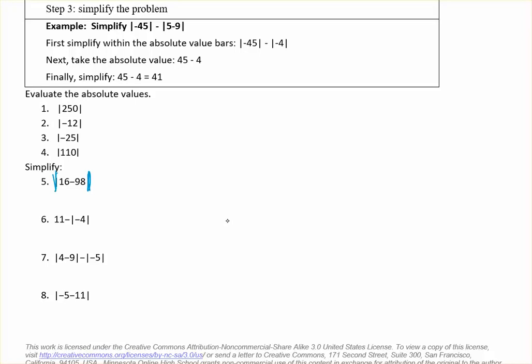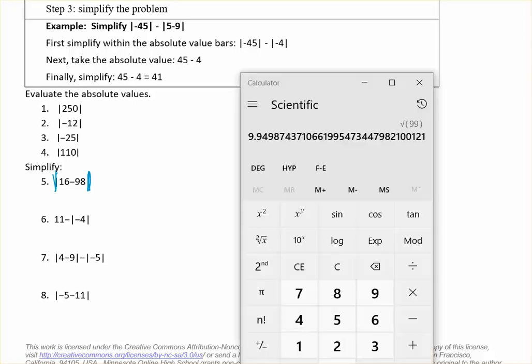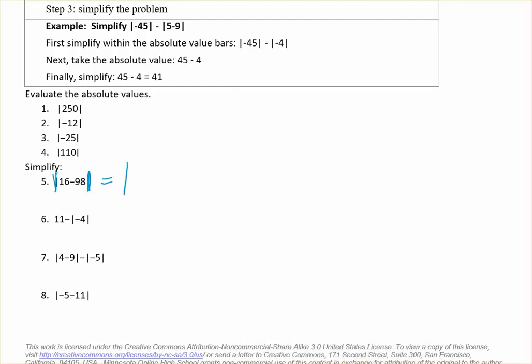So you first figure out what 16 minus 98 is, negative 82. So you keep the absolute value bars, right? Absolute value of negative 82, and that is equal to, then you take the absolute value and you would get the positive 82. So you don't take the absolute value before you simplify what is inside the bars.